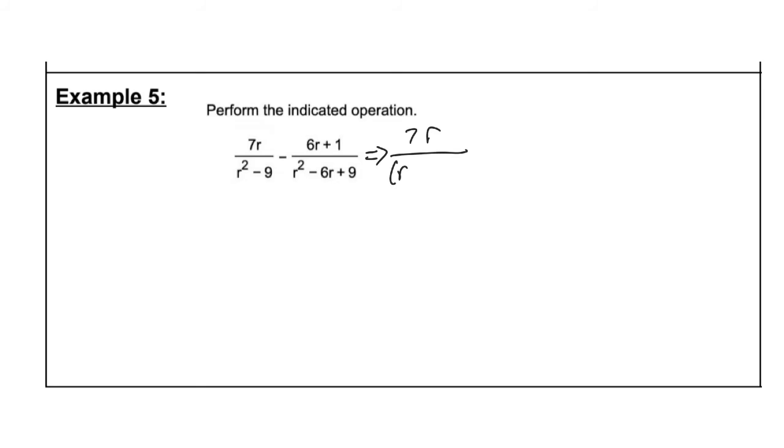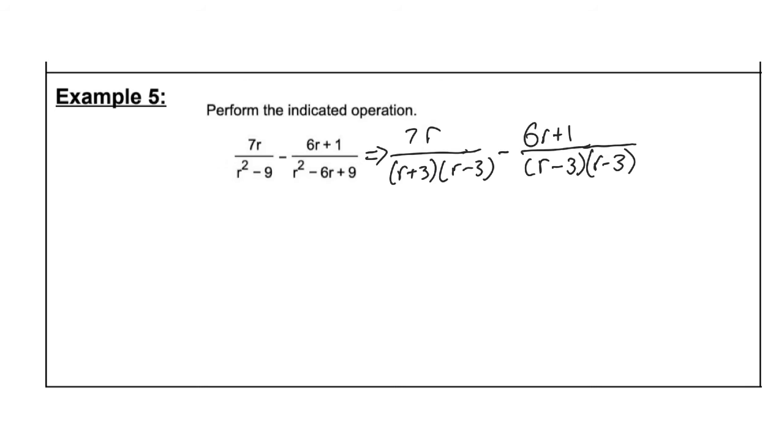This is r plus 3 times r minus 3, and then minus 6r plus 1 over. And if we factor this one, we get r minus 3 times r minus 3.